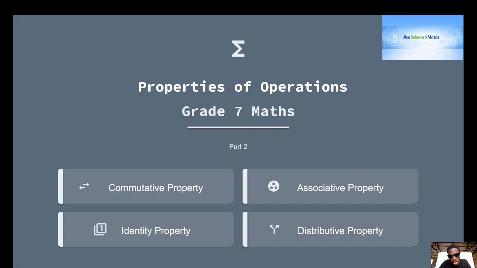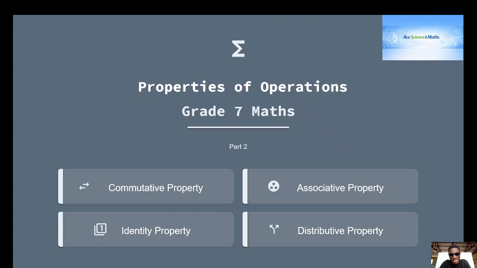Today we are going to continue with part 2 of our lesson on the properties of operations and expressions. In part 1, we looked at the foundation of operations and expressions, and we established the fact that properties are rules that govern mathematics. And then operations, we have the operational signs like addition, multiplication, subtraction, and division.